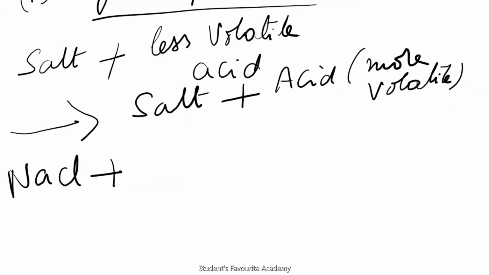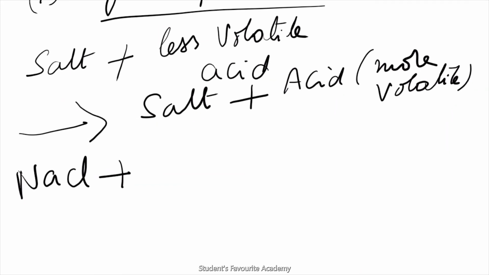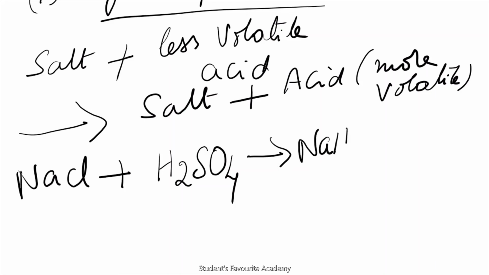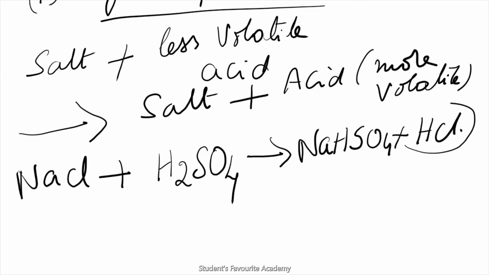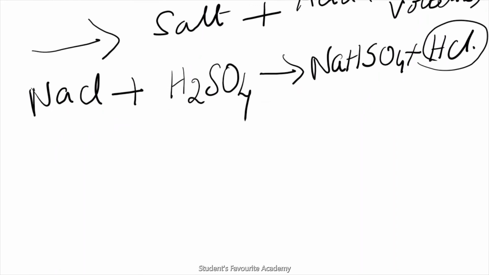Volatile means which evaporates easily at normal or low temperatures. H2SO4 gives a salt, that is sodium bisulfate, plus hydrogen chloride. Okay, so this is a more volatile acid.